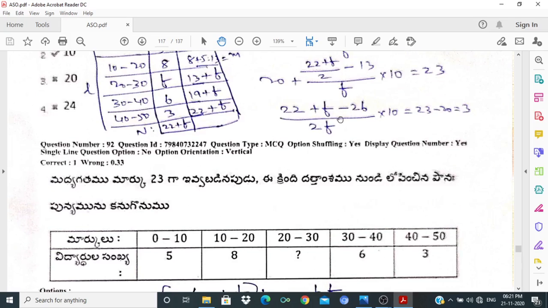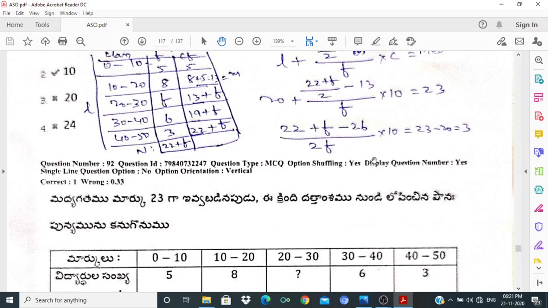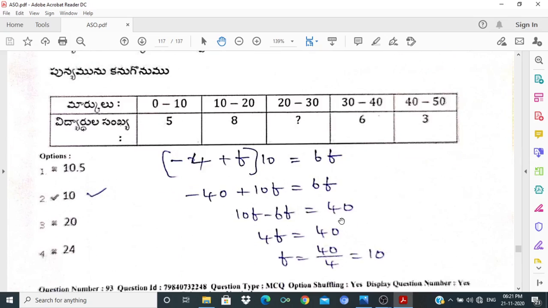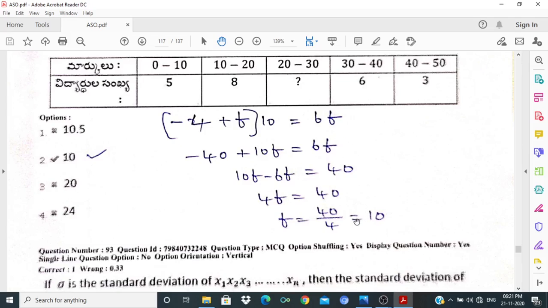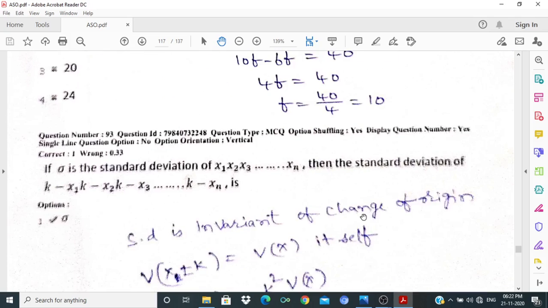Simplifying, 6f plus 40 minus 10f is equal to 6f, so 10f minus 6f is equal to 40. f is equal to 40 by 4, which is 10.